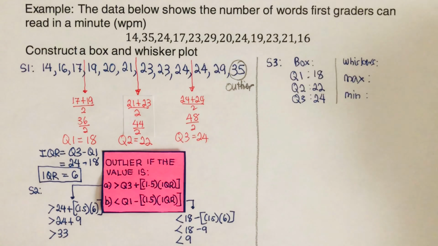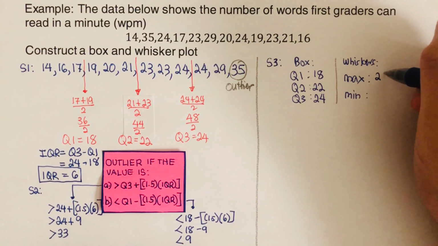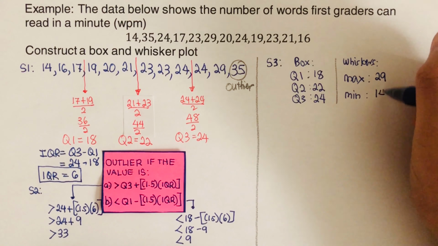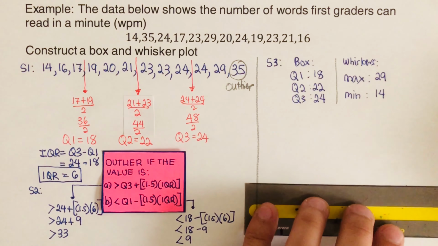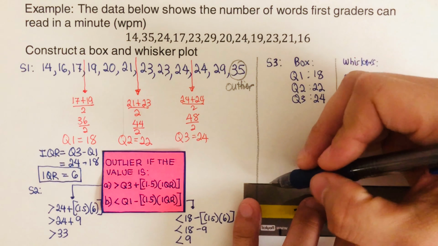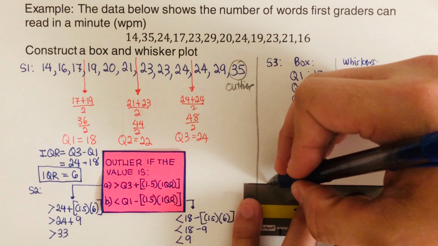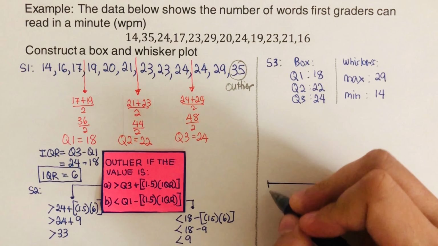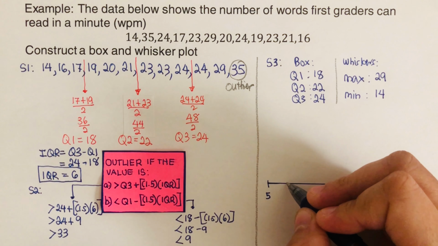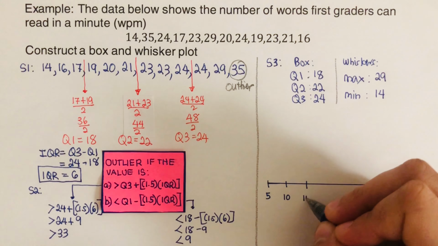So I go ahead and write 29 and this is 14. So then we can go ahead and construct the box and whisker plot here. We can create an interval of 5. So I go ahead and write that down here. So I'll take an interval of 5. So that's 5. That's going to be 10.